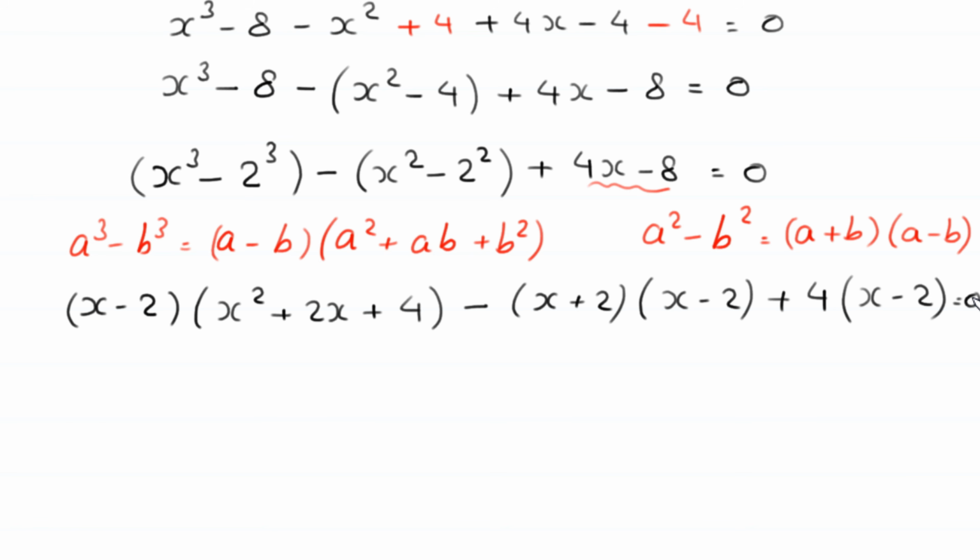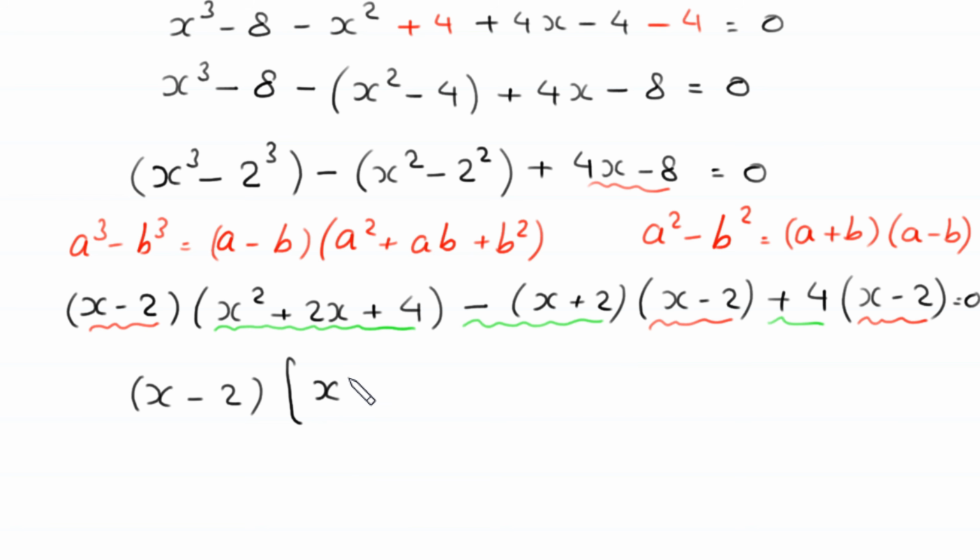Now this expression x minus 2 is a common factor, so we factor out this x minus 2, and in bracket left this x squared plus 2x plus 4, minus x plus 2, and plus 4, is equal to 0.